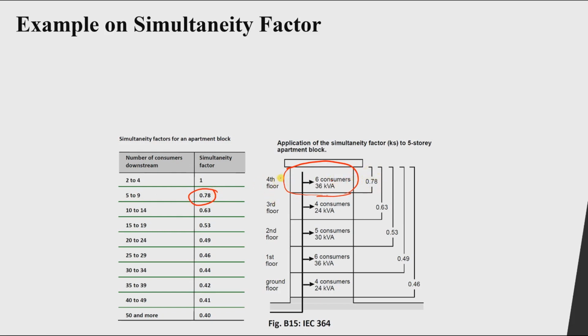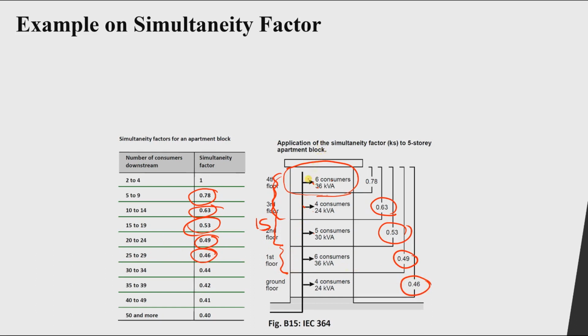Now let's say I have these two, 6 and 4, 10 consumers, then I will use 0.63. If you have all of these consumers, 6 plus 4 plus 5, 15, then I will use 0.53. If you have all of these, then you will have 21, use 0.49. If you have another 4 consumers, then you will use, between 25 and 29, 0.46. That is what this example would like to say to you.